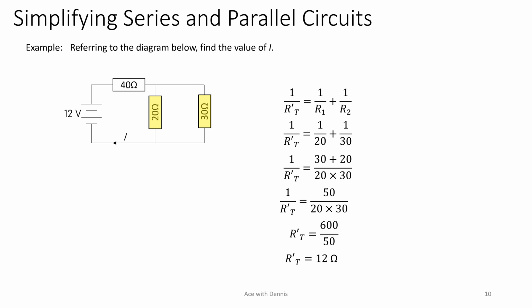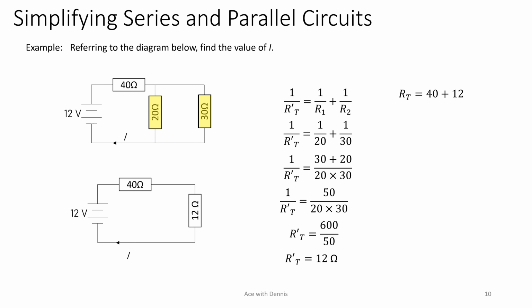Then we can change this circuit into a simpler form, where the 40 ohm resistor is connected in series with the 12 ohm resistor. So the total resistance will be 40 plus 12, which gives you 52 ohms. Hence, applying the formula I equals EMF over RT, which is 12 over 52, the answer is 3 over 13 amps. Did you get the answer correctly?